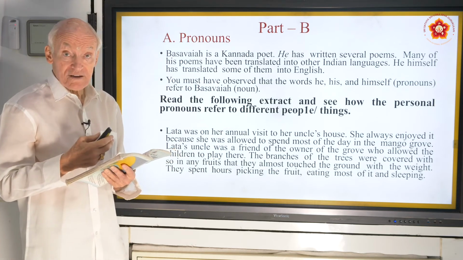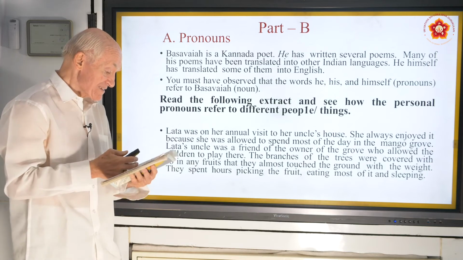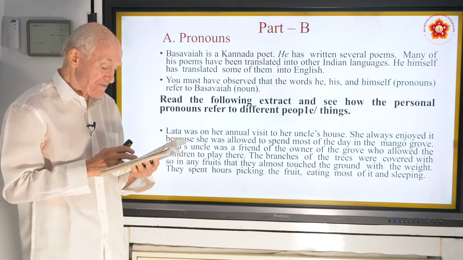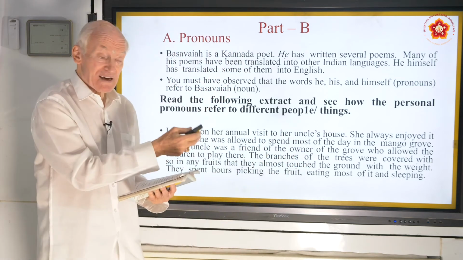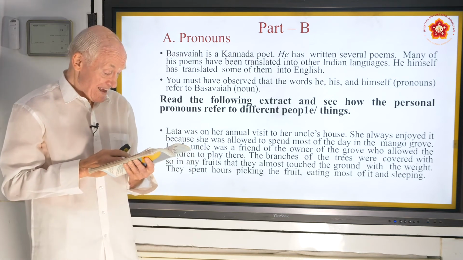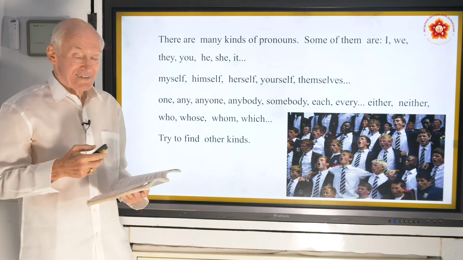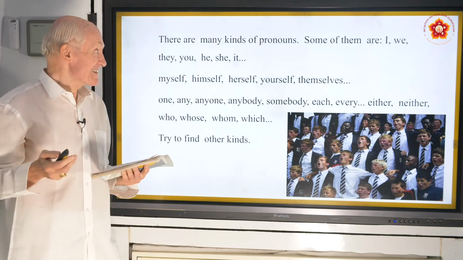Now it's not the fruit spending hours, it's the children. We're referring back to Lata and her friends. They spent hours picking the fruit, eating most of it, which refers back to the fruit, and sleeping. That was fun. Eating all the mangoes you want to and then taking a nap.